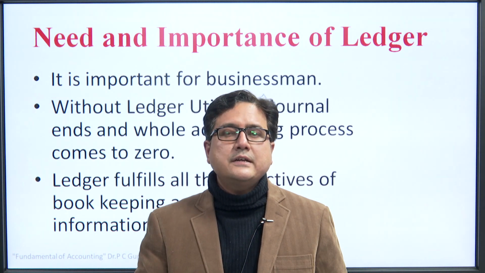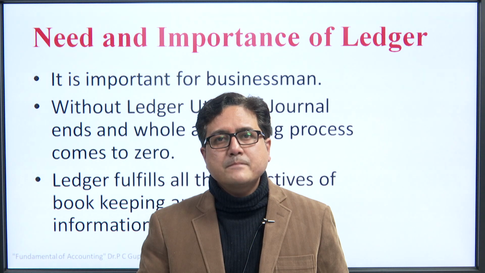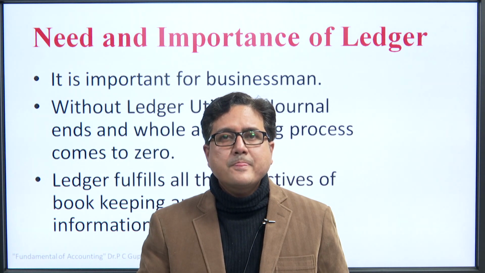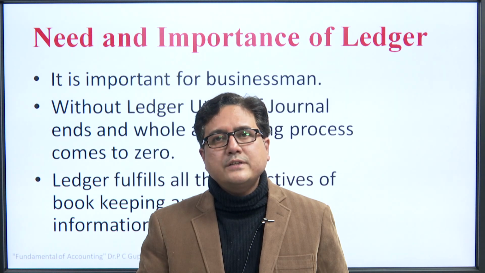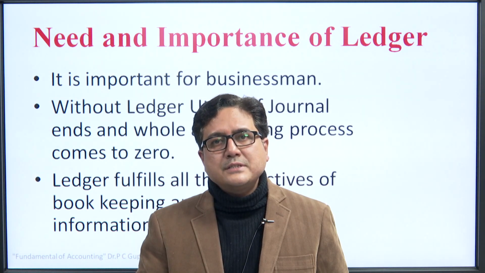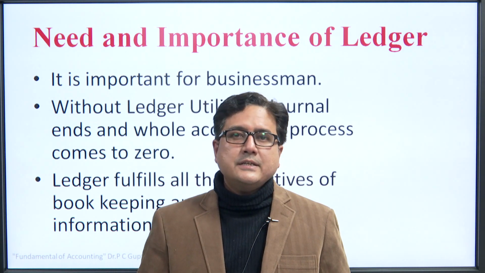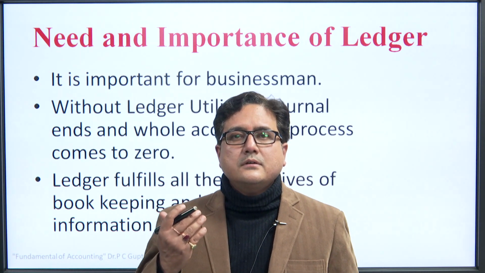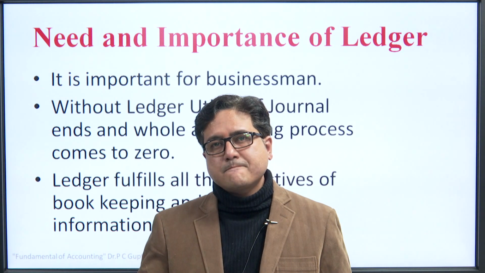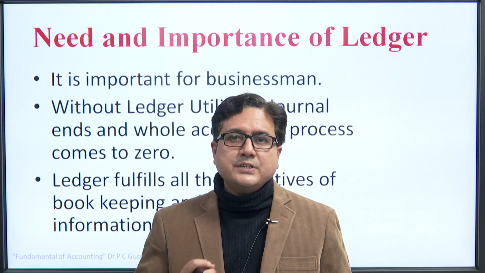There is no need of journal entry if we are not able to convert them into ledger, because journal entry is a recording of the business transaction day to day, just a recording, but ledger is a summary of each transaction, each nature of transaction.